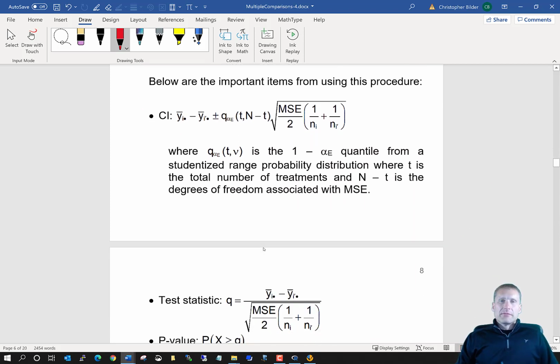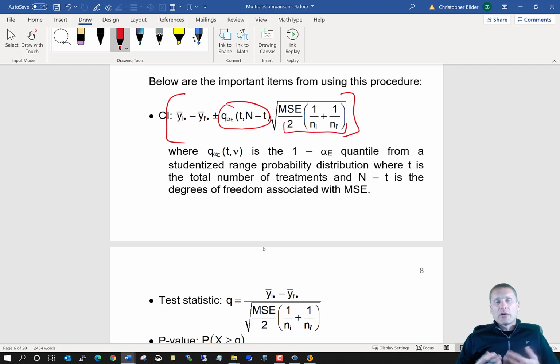Now, in order to use this procedure, here are some important items behind it. We can find confidence intervals in much the same way as we have done before. Instead of using a t-distribution, we use a quantile from the corresponding studentized range probability distribution. We also make a small change underneath the square root.